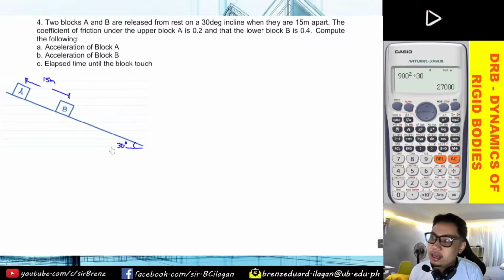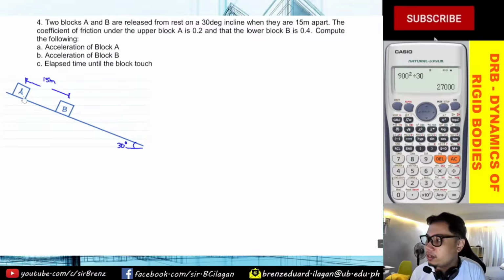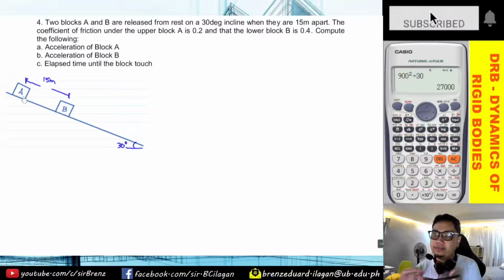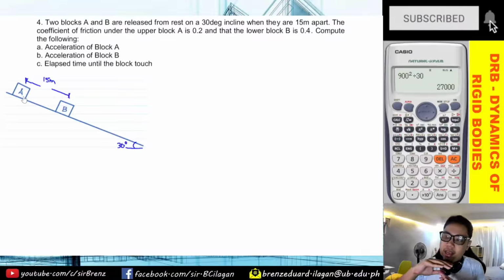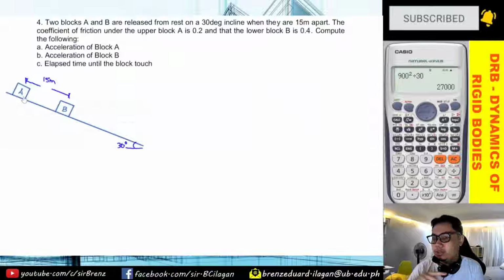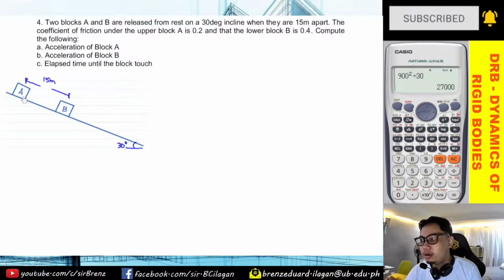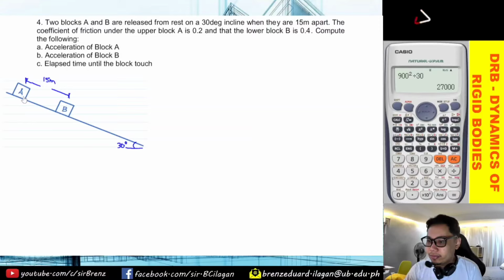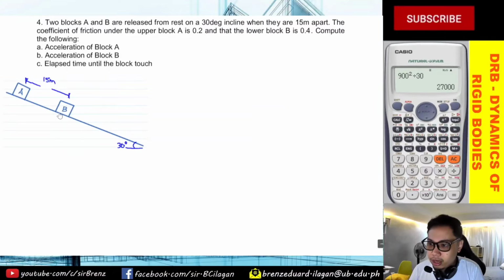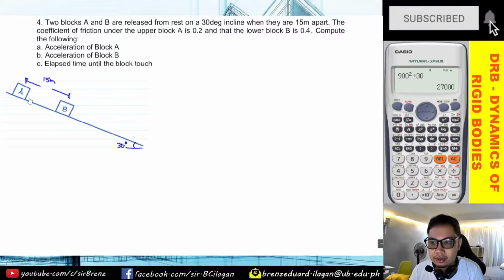Block A's bottom surface has a coefficient of friction of 0.2, and the lower block has a coefficient of friction of 0.4. Meaning, the bottom surface of block B is rougher compared to block A.